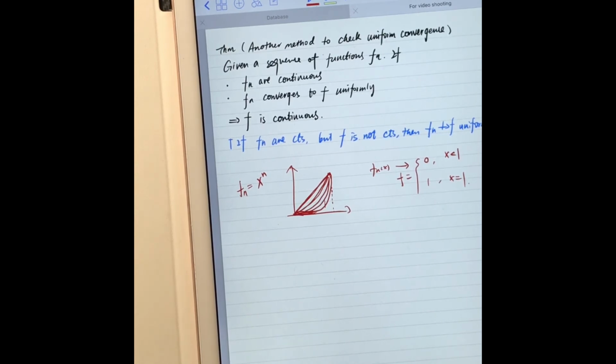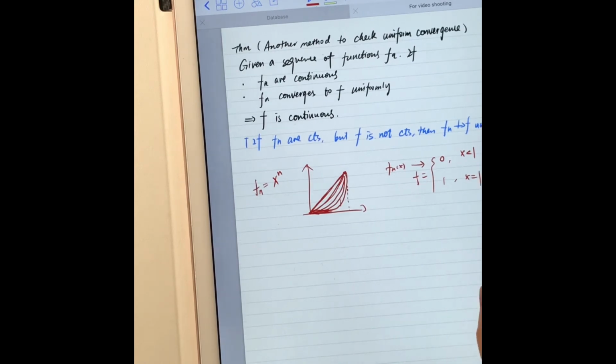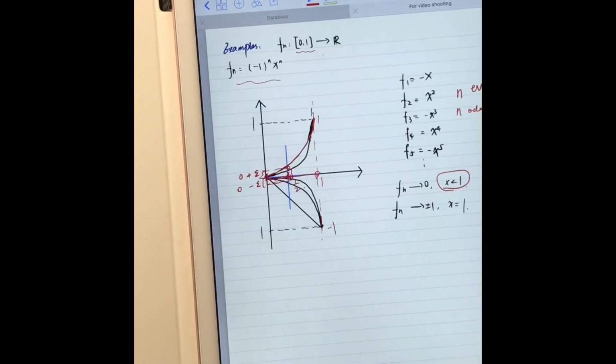So back to the example that we talked about before, if we're given a sequence of functions like (-1) to the power of n times x to the power of n, this sequence of functions is not uniformly convergent.